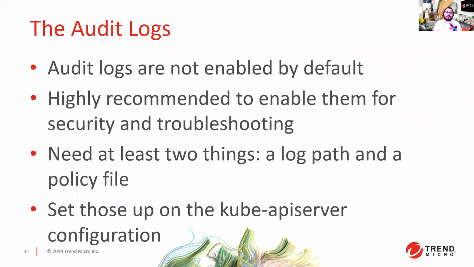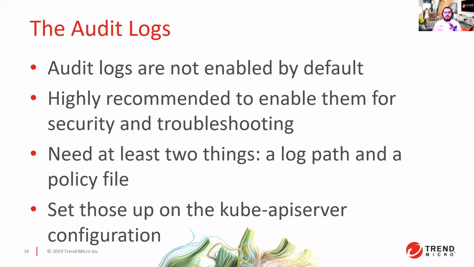And just to finalize here, another thing that's important for protecting your cluster is the Kubernetes audit logs. They are not enabled by default. So it's highly recommended that you enable them for security and also for troubleshooting. You basically need two things for enabling them: a log path and a policy file.